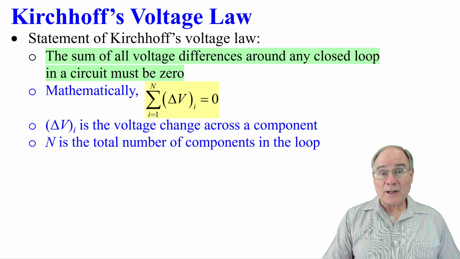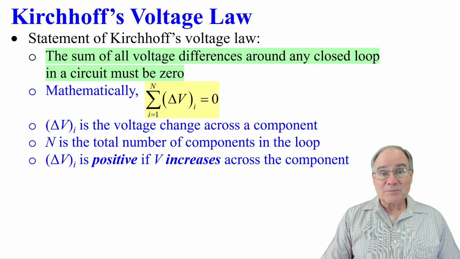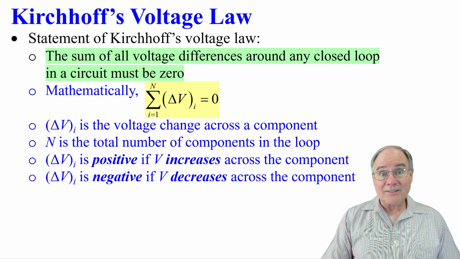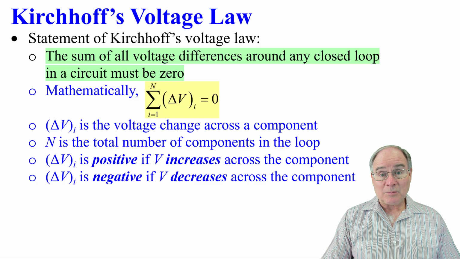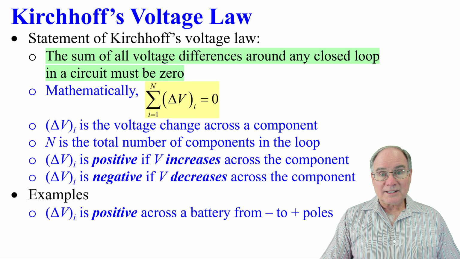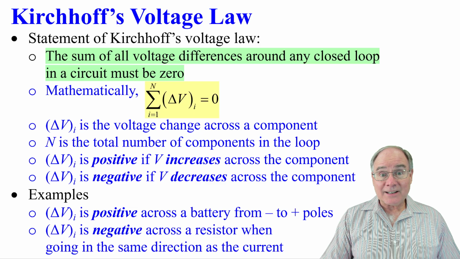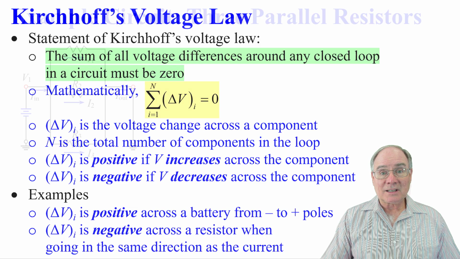N is the total number of components in the loop, and the change of voltage is positive if V increases across the component and negative if V decreases across the component. For example, delta V sub i is positive for a battery when our direction is from negative to positive poles, and delta V sub i is negative when we go through a resistor in the same direction as the current.